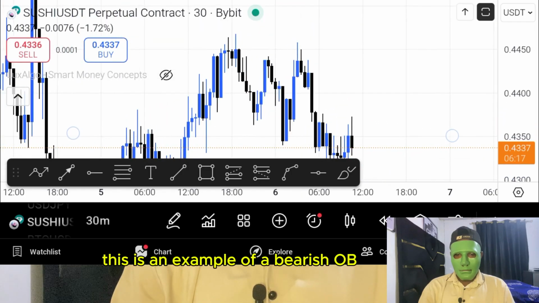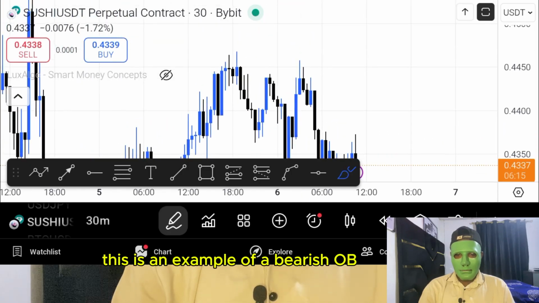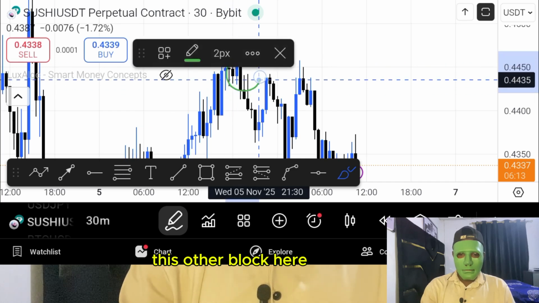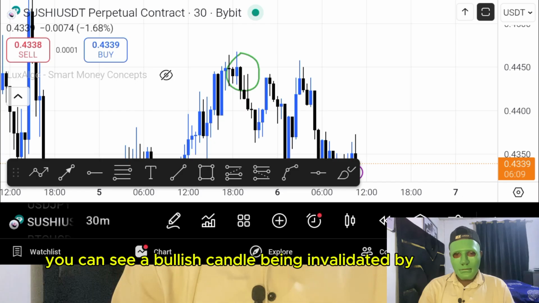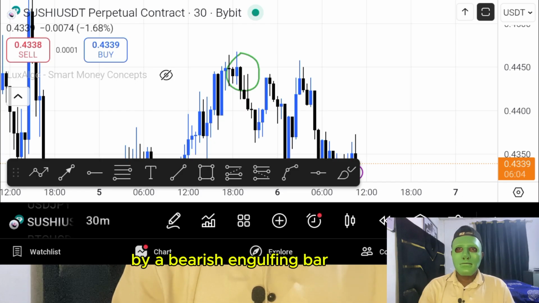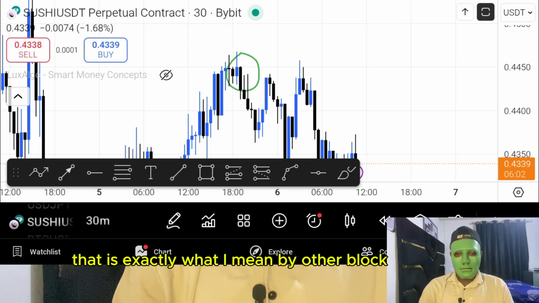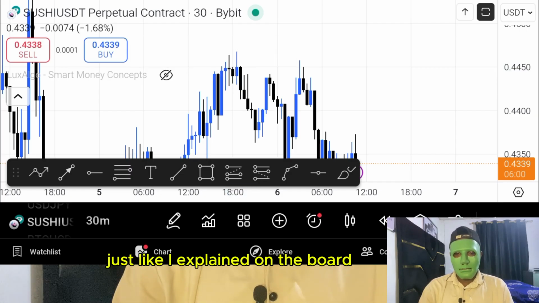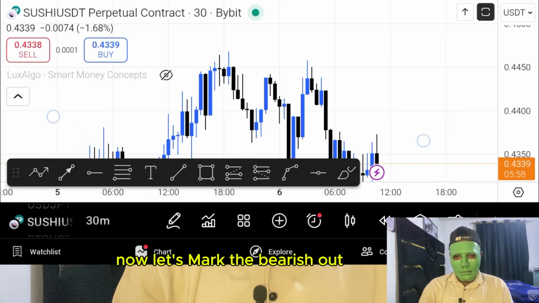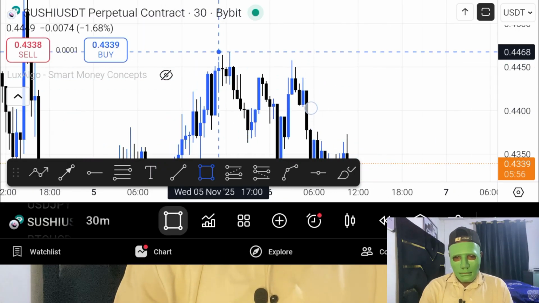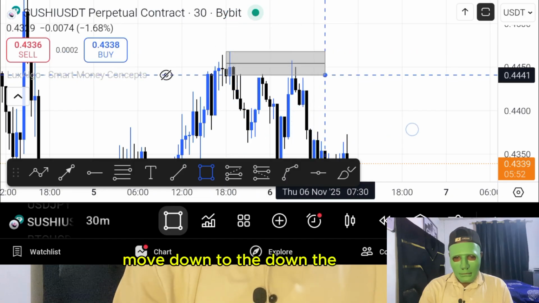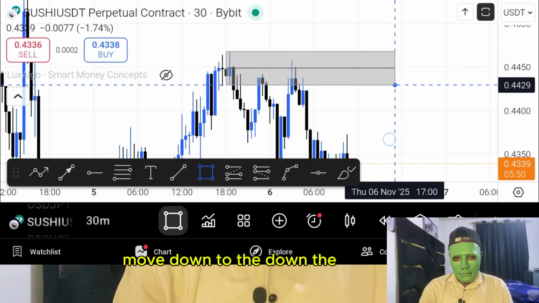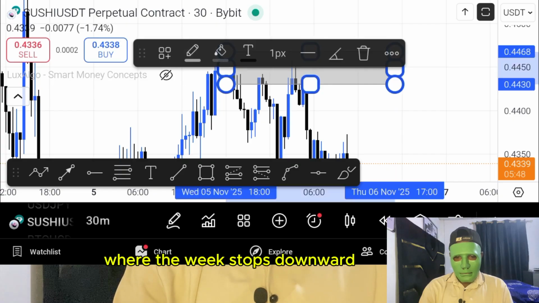Here, this is an example of a bearish OB. This order block here. You can see a bullish candle being invalidated by a bearish engulfing bar. That is exactly what I mean by order block, just like I explained on the board. Now let's mark the bearish one out, starting from the beginning of the wick and moving down to where the wick stops downwards.